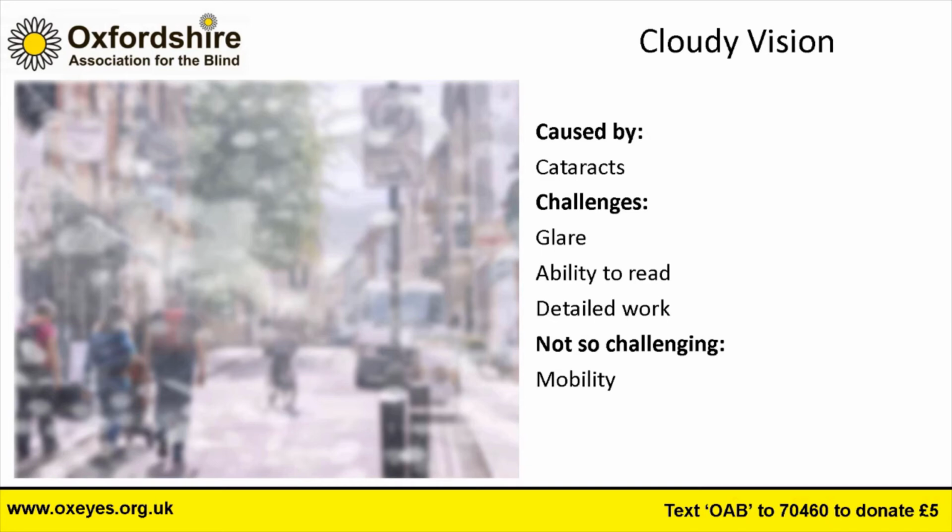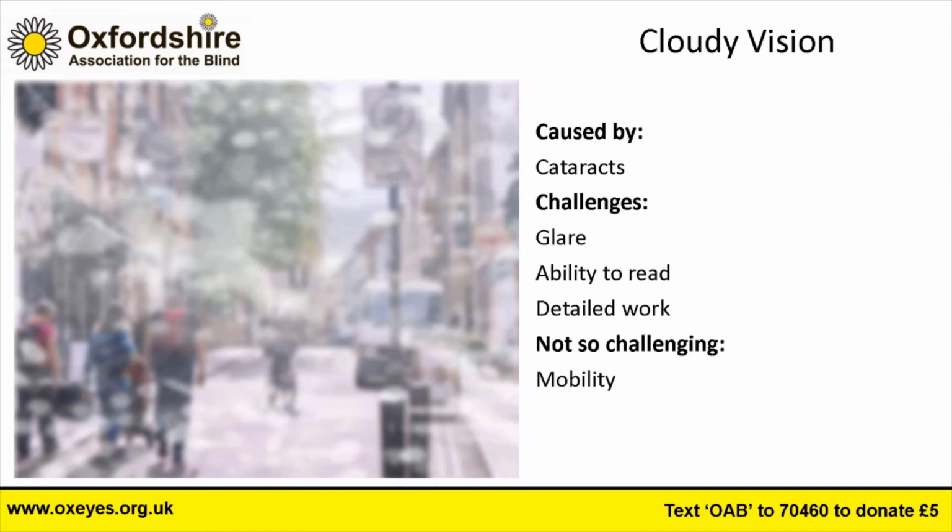Not so challenging, I put mobility. I mean, if you let a cataract keep growing, then it will turn into a complete whiteout. So even mobility would be a challenge. But at a stage like this, your curbs, your door frames can be detectable up close, but it's still hard to do.